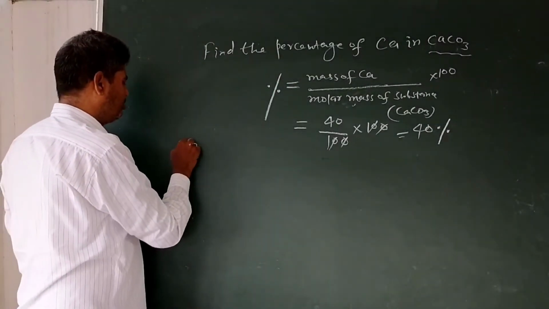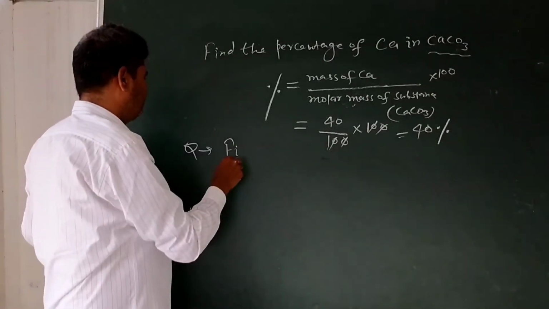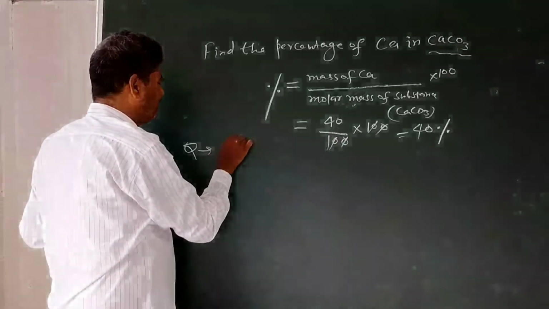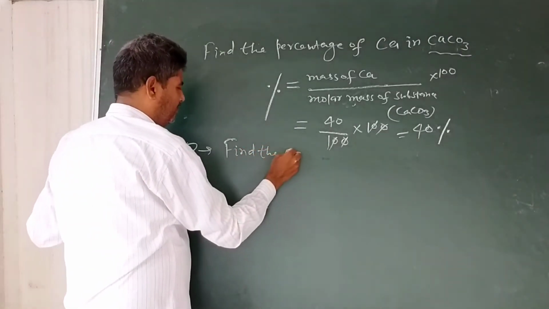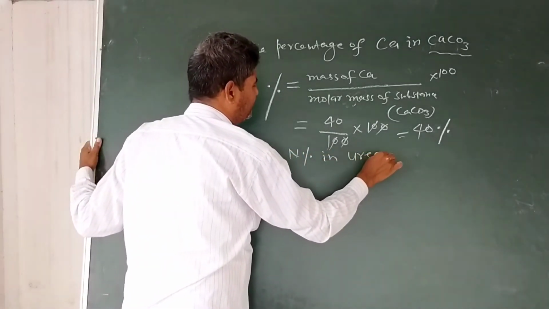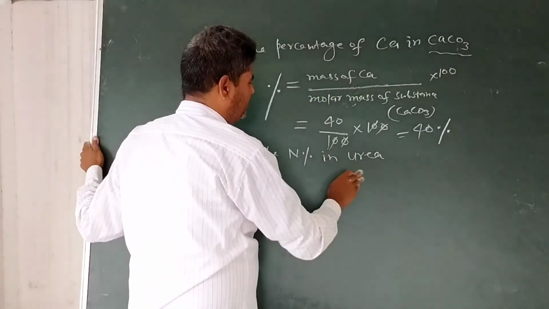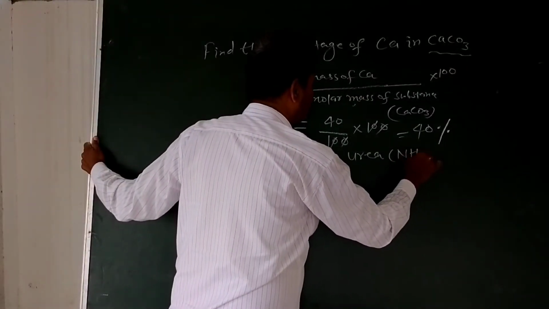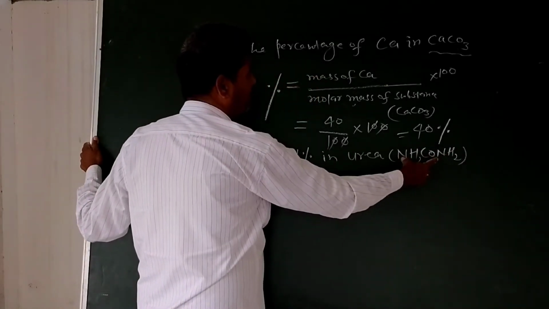One more example. You will also see this on the packet of fertilizer urea. Find the nitrogen percentage in urea. Urea is a manure fertilizer. NH2CONH2. Here there are two nitrogen atoms.